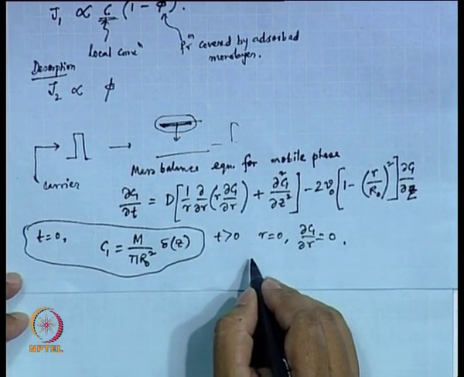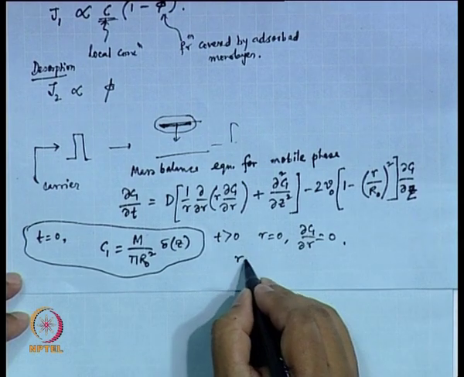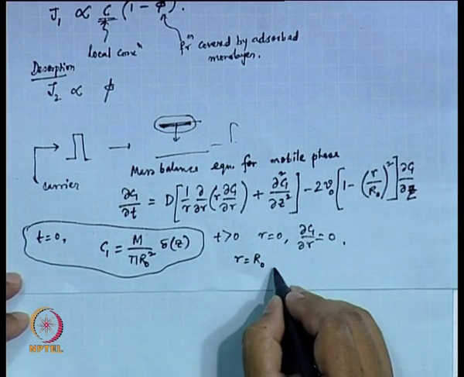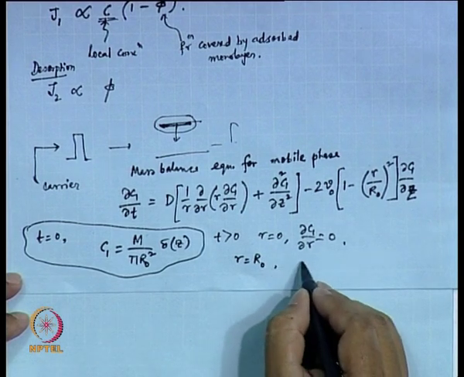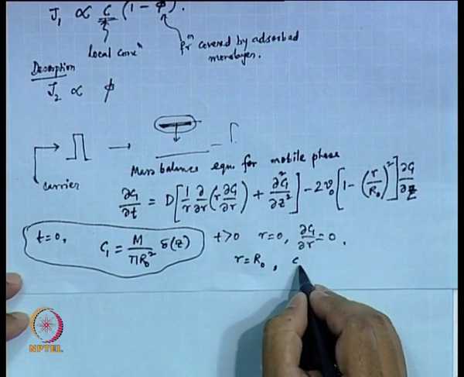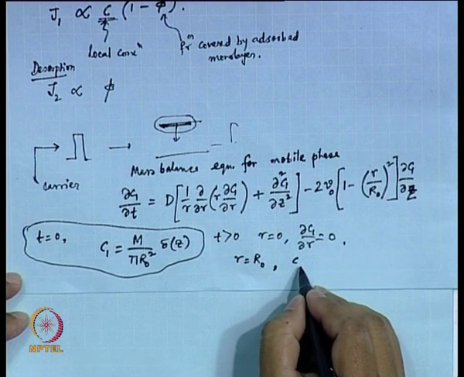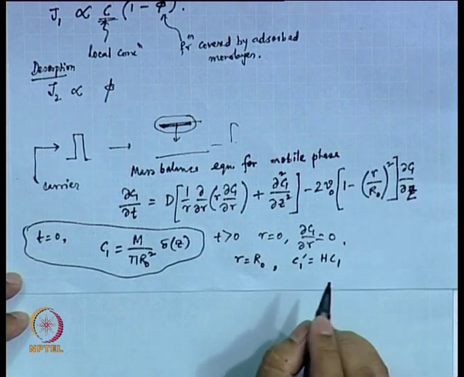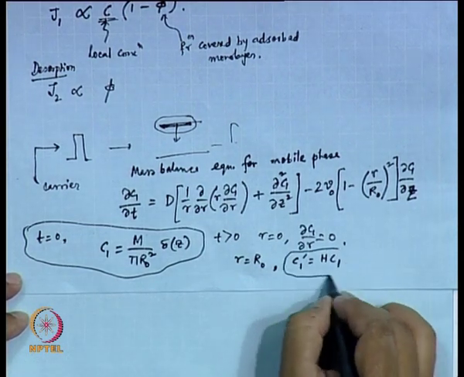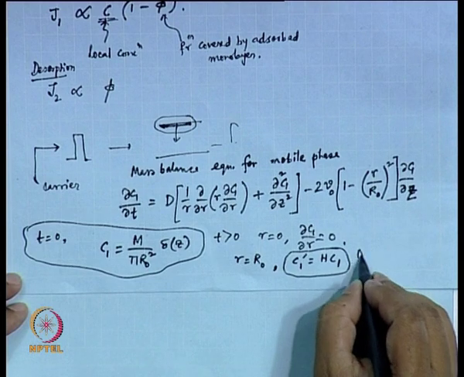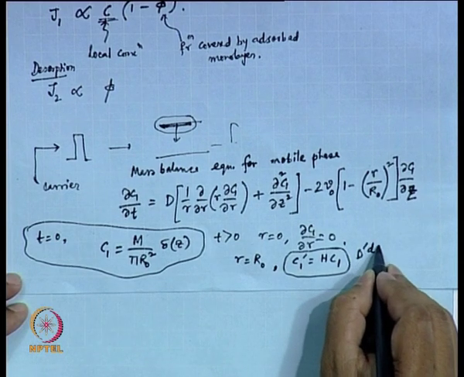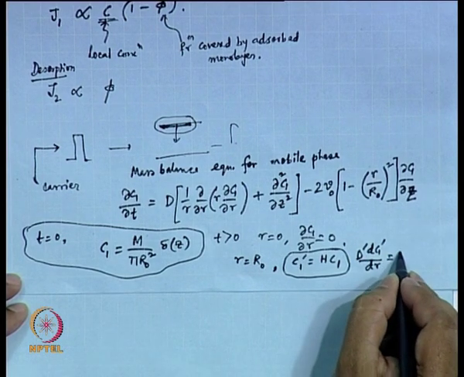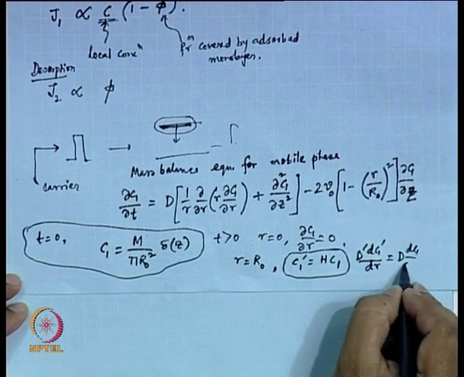And then you have another condition that at r equal to r0, that means at the wall, there would be continuity in concentration, written as C1 prime equal to H C1, that is one thing, and the other thing is D prime dC1 prime/dr equal to D dC1/dr.